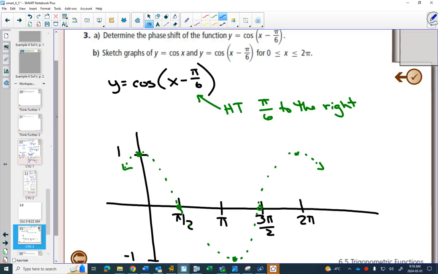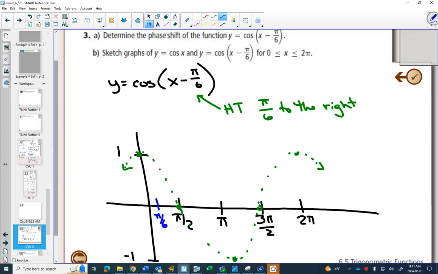Pi over 2 is 90 degrees. Pi over 6 is 30 degrees. Does it make sense to you that I should label pi over 6 as 1/3 of the way to pi over 2? Because 30 degrees of 90 degrees is 1/3, or 1/3 of pi over 2 is pi over 6.